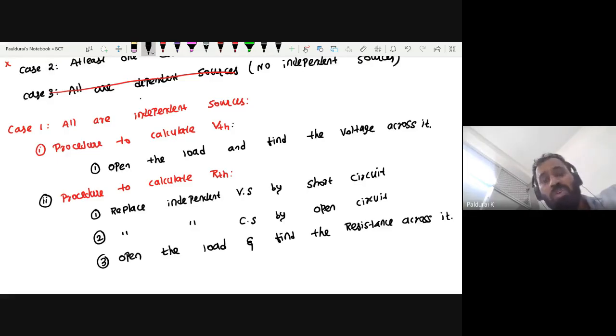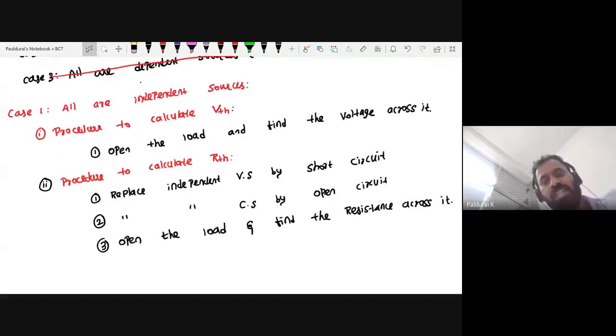That means replace the voltage source by a short circuit and the current source by an open circuit. Then open the load and find the resistance there. I hope you will enjoy this. Have you taken this procedure? If so, let me know. Then we will solve the first problem, for which we will find VTH and RTH.